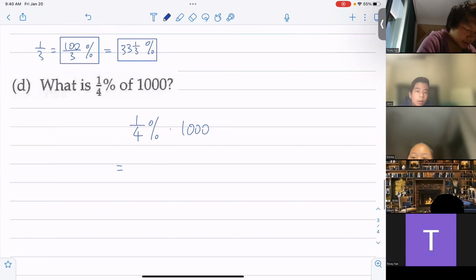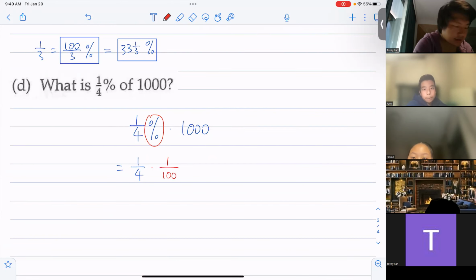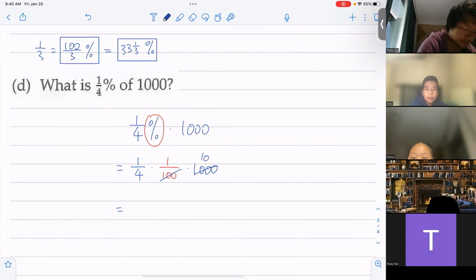Okay, but let's make it clearer. 1/4, the percentage, you can always see it as 1/100 divided by 100, and then times 1,000. That's just the key here. So you cancel it out. The answer is 10/4 or 5/2.